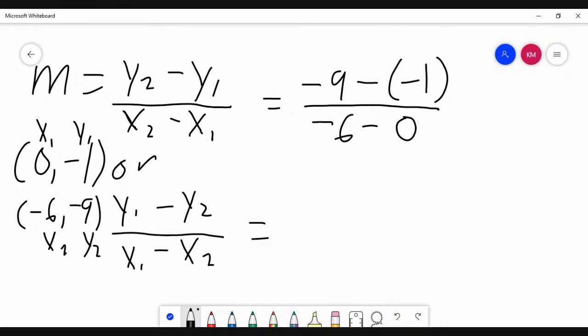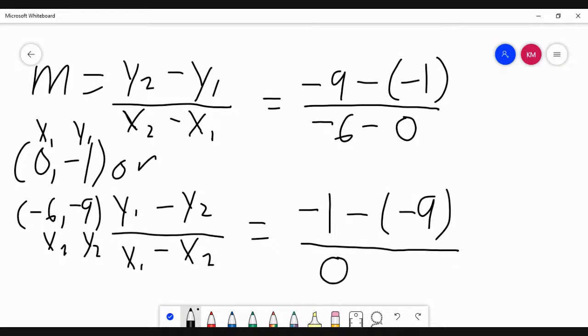If you decide you want to do y1 minus y2, you flip them. You have -1 minus -9, and then you have 0 minus the -6.